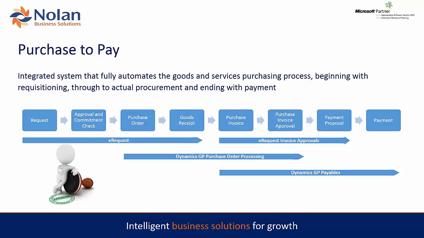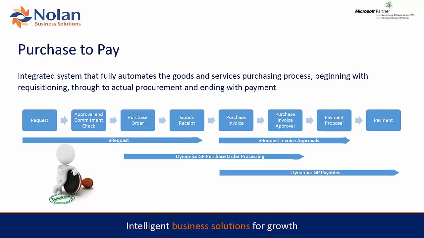So what we're going to go through today is a little example of this, where I'm going to put on a request on behalf of Lucy, who's in our sales and marketing team. Lucy's been asked to book a venue for an event we're doing.